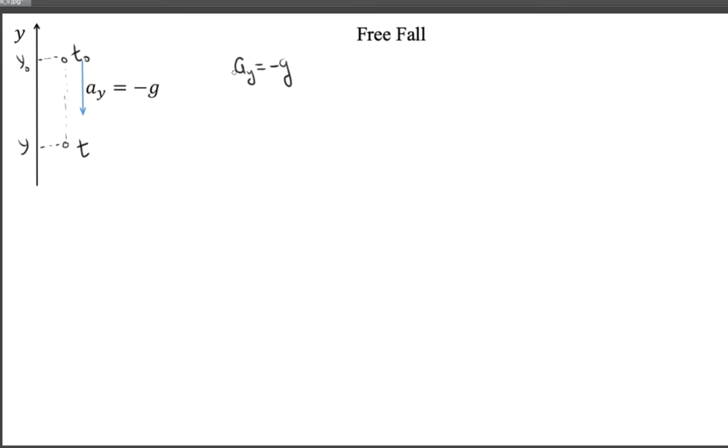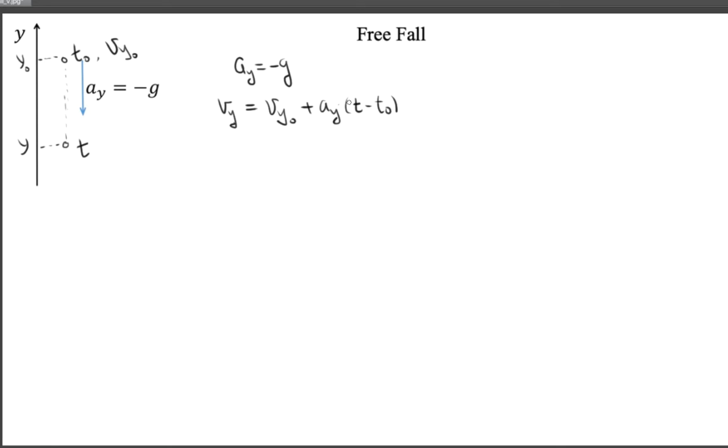Starting from here, we remember the kinematics formula for the final velocity: Vy equals Vy0, the initial velocity of the object, plus ay times (t minus t0).